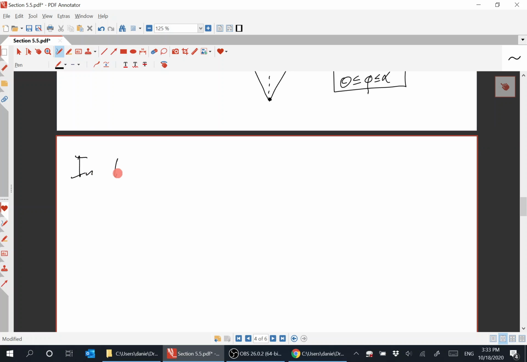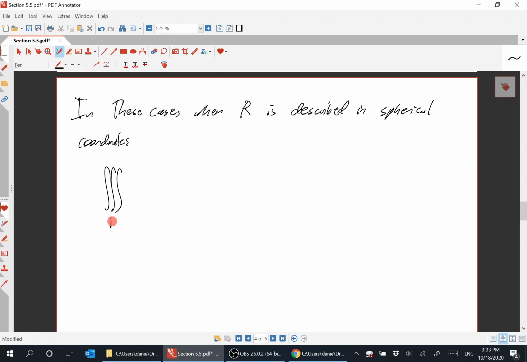So in this case, when r is described in spherical coordinates, the triple integral over r of f x, y, z, dv is equal to the triple iterated integral, with appropriate bounds, of f, and what's x?